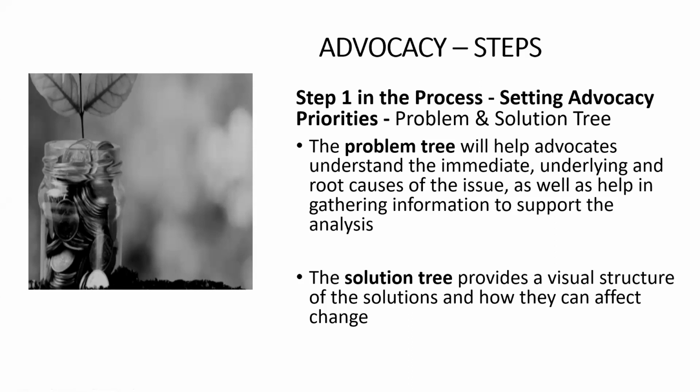You need to be very, very thorough in this process, and that's why we'll spend the time taking a look at the problem tree and working through an example. The solution tree then, once you've identified what the problems and the root causes of the problems are, is where you actually start to come up with the solutions that can effect a change.